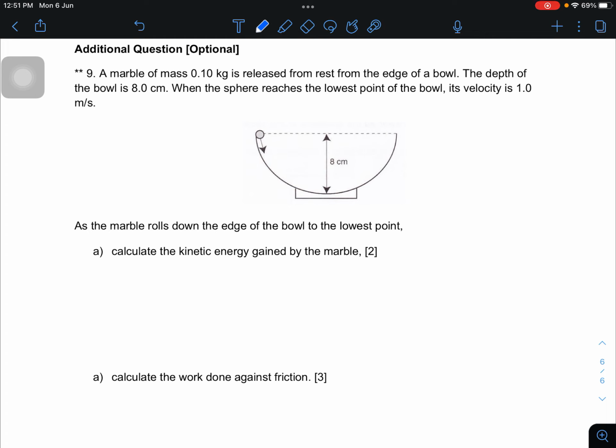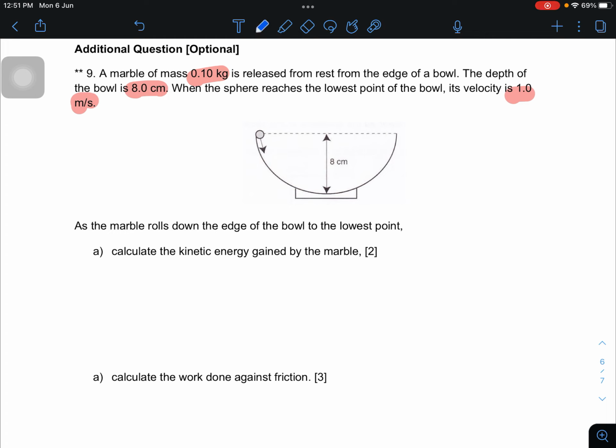Question 9. A marble of mass 0.1 kg is released from rest from the edge of a bowl. The depth of the bowl is 8 cm. So the marble effectively lost 8 cm in height as it rolls down the bowl, right? When the sphere reaches the lowest point of the bowl, its velocity is 1.